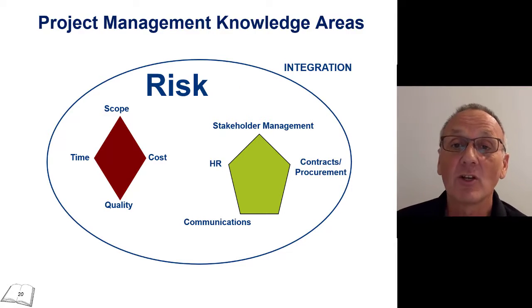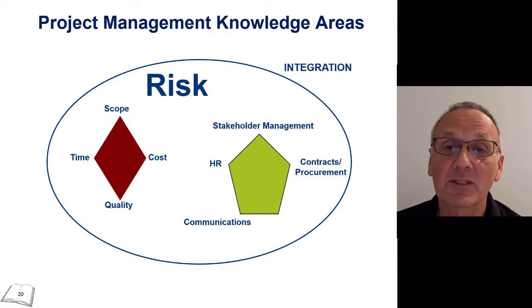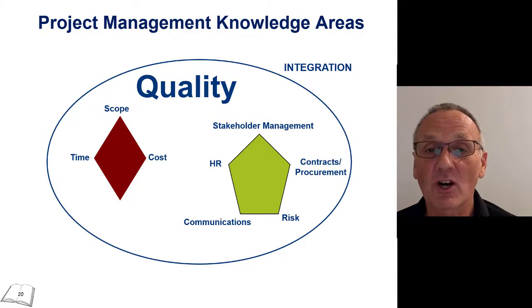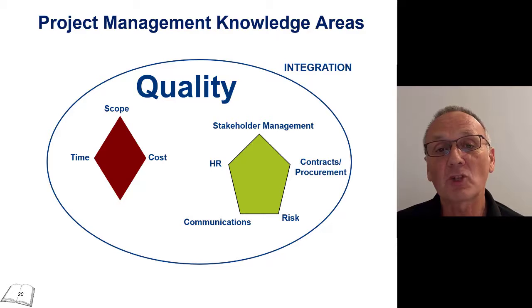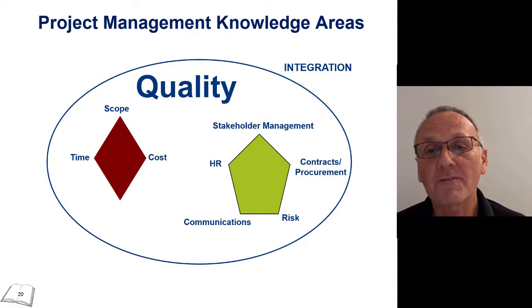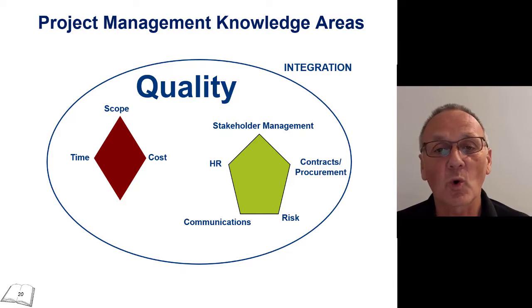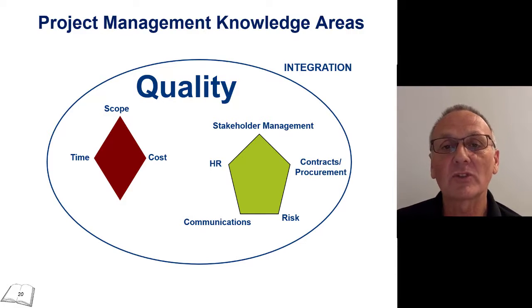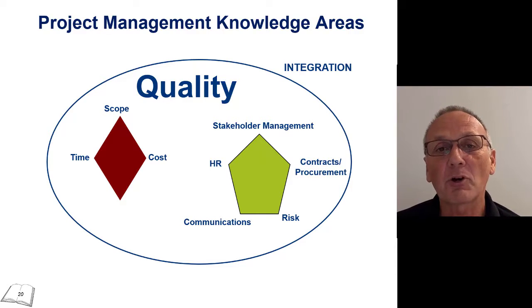Risk management. Now, before going into risk management, I should highlight that scope, time, cost, and quality are on that red diamond. They are often considered to be the core knowledge areas or the primary knowledge areas. Now, they're often called that essentially because, remember when we spoke about project management success?